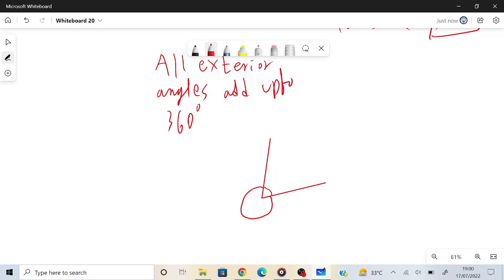But when I use the word exterior angle, I mean this as the exterior angle. So suppose you just continue this line straight on, so this becomes your interior angle, and then this becomes your exterior angle. So the exterior angle that I'm using is based on a straight line that you create from part of that shape or part of the side, and then check with the interior angle.